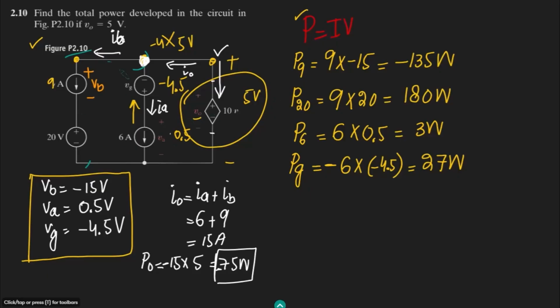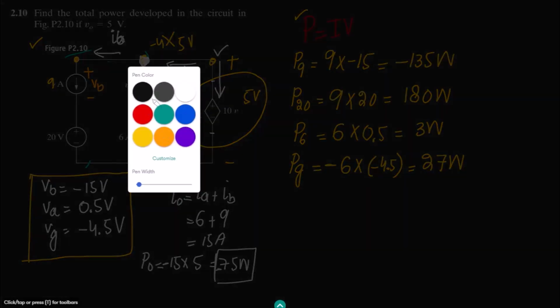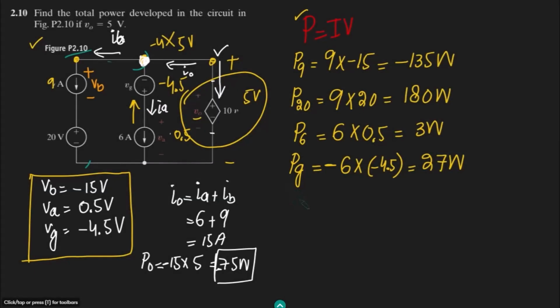Another method is that in this overall circuit, the developed and the absorbed power should be equal. Therefore here, let me use this color here, P9 plus P20 plus P6 plus PG plus this P naught should be equal to 0. All of these values are known except this P naught.